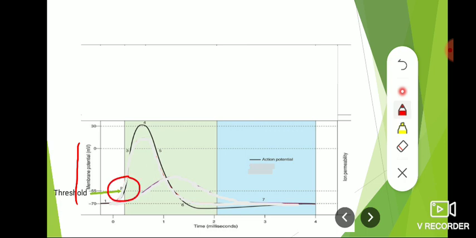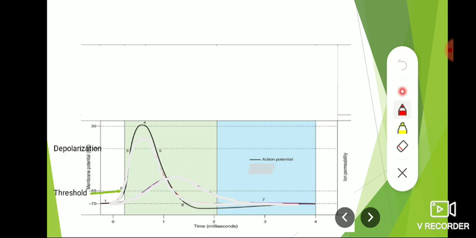The potential at which the rapid shoot up starts is called the threshold. The reason for this is that there are voltage gated channels across the cell membrane. Once that voltage is reached, only then does the channel open. If the voltage is not enough, the channel will not open. So first is the threshold. Each and every excitable cell has a particular threshold at which it will generate an action potential.